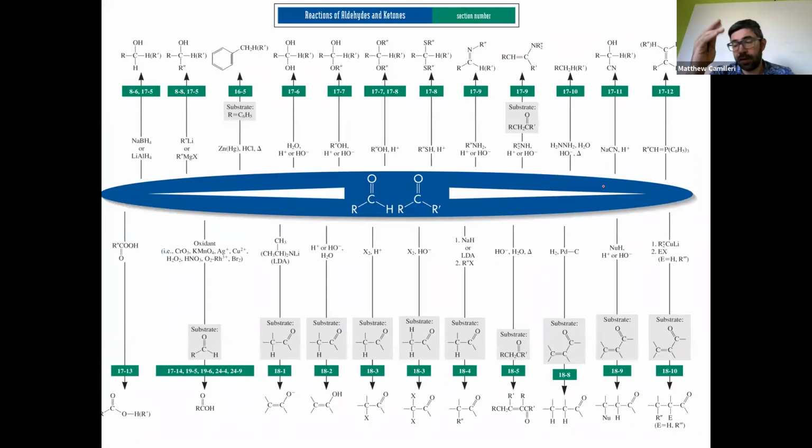As I mentioned yesterday, this is a small summary of the carbonyl groups. These are the reactions, so please do ensure that you have a good understanding of most of these reactions. Maybe not all of them, but most, because this is going to be very, very important.